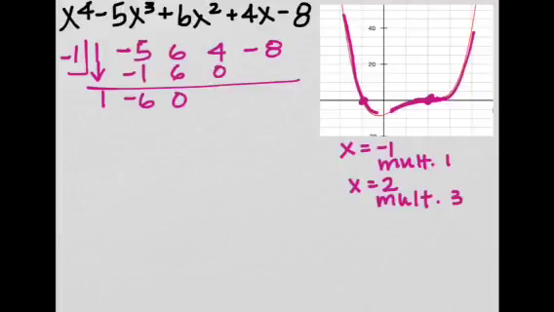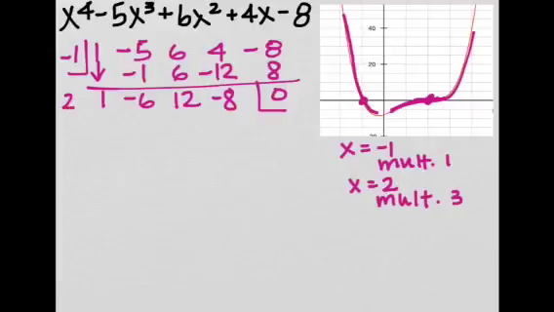Oh, wait a minute. Let me back up here. Negative 1, negative 6, 6, this is 12. Negative 12, negative 8, 8, and 0. There we go. All right, so we know that negative 1 works.